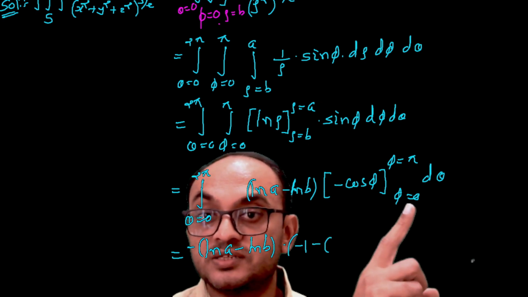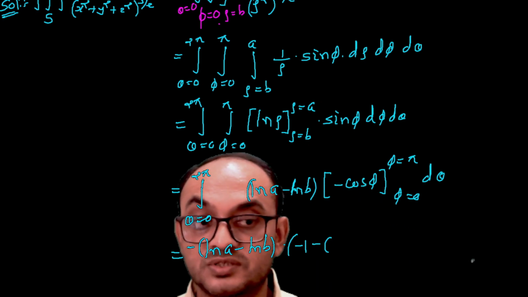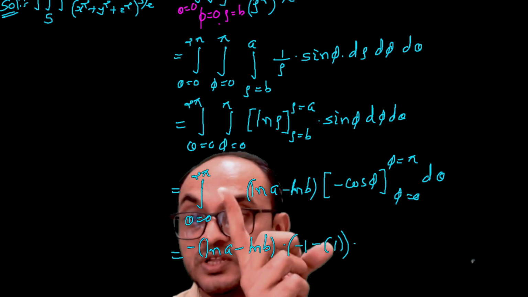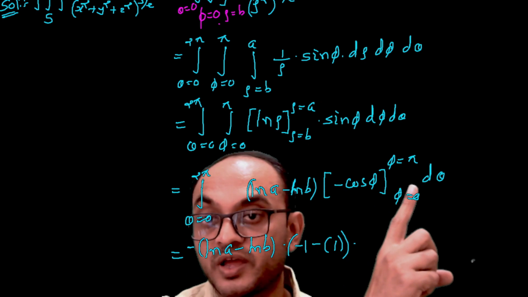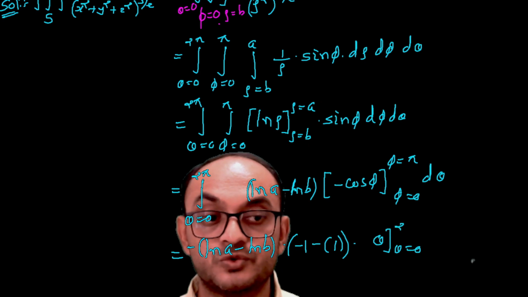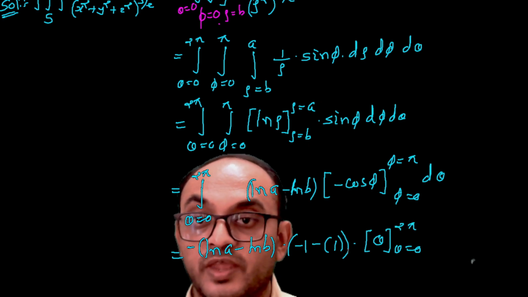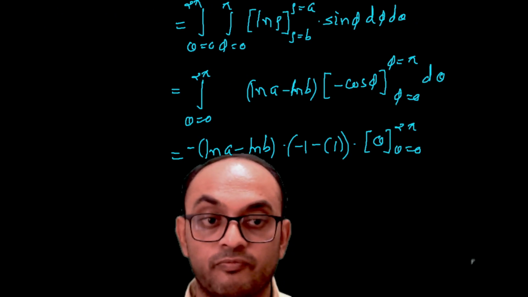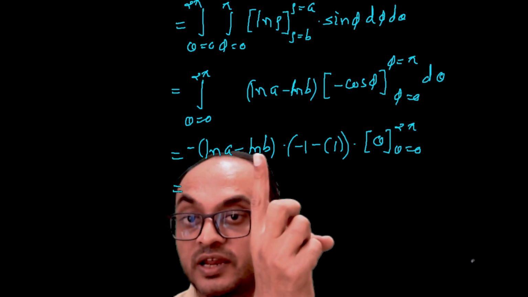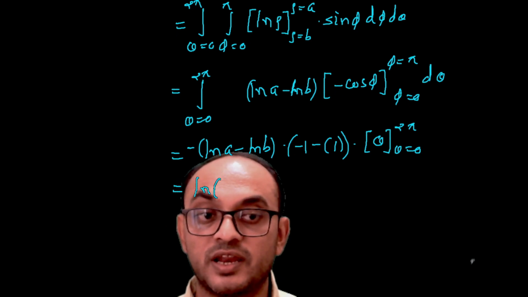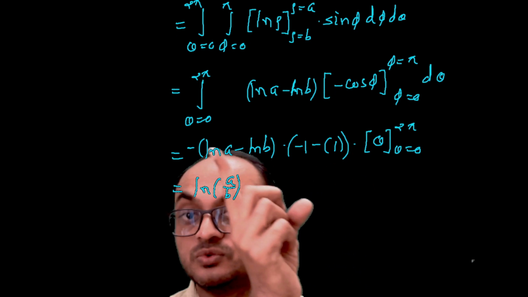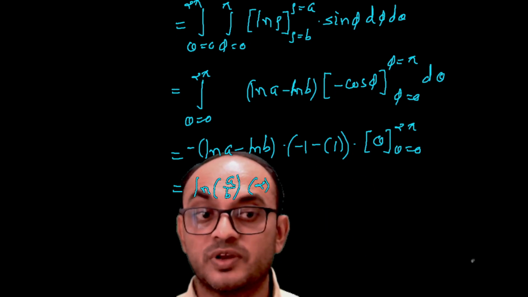When phi is equal to 0, cos 0 is 1. Now this integration of theta from 0 to 2 pi with respect to theta is theta, from theta equal to 0 to 2 pi. And so this is equal to this quantity ln A minus ln B. You know this is ln A divided by B. This quantity minus 1 is minus 2, with this minus sign it is plus 2.